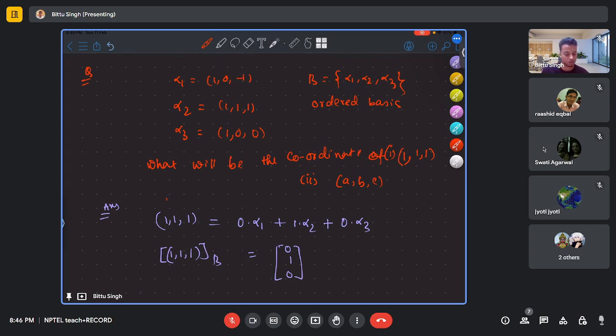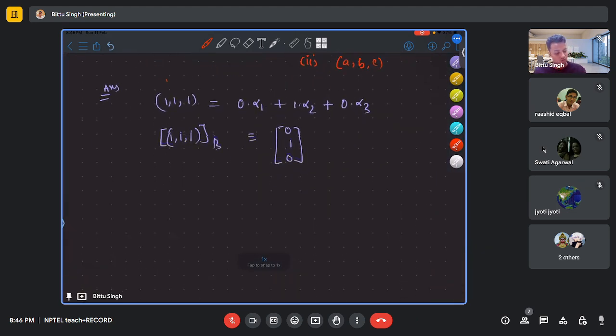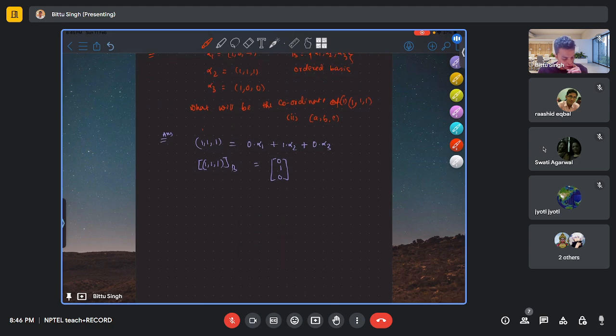Let (x1, x2, x3) be the coordinate of (a, b, c).